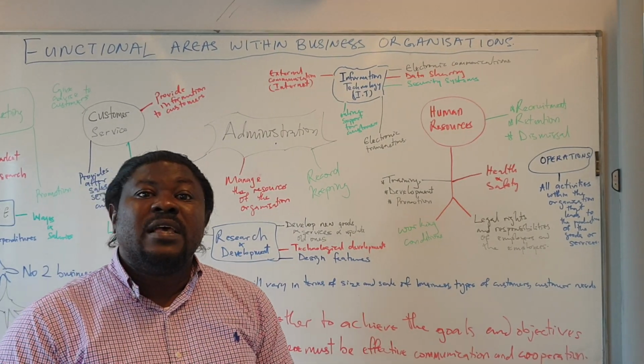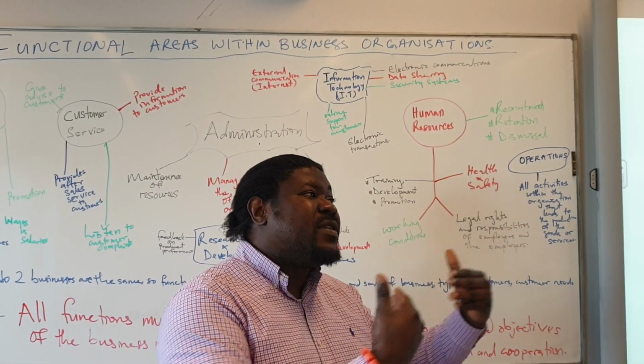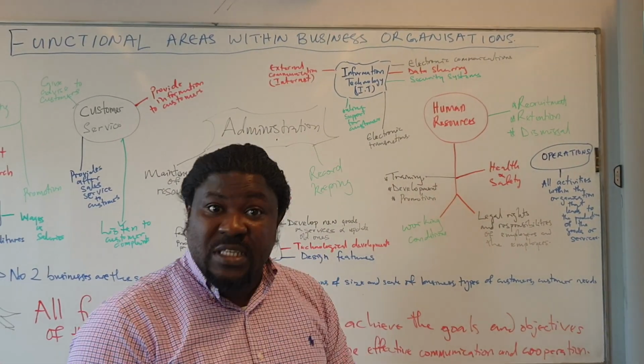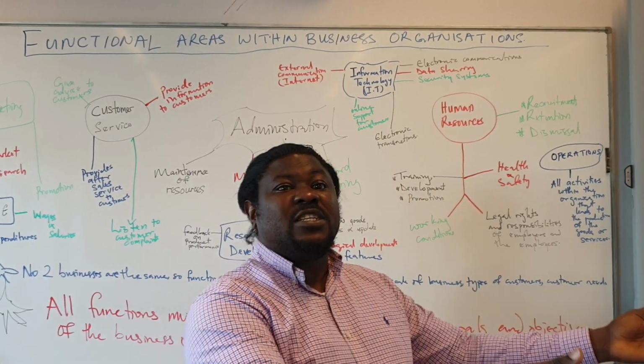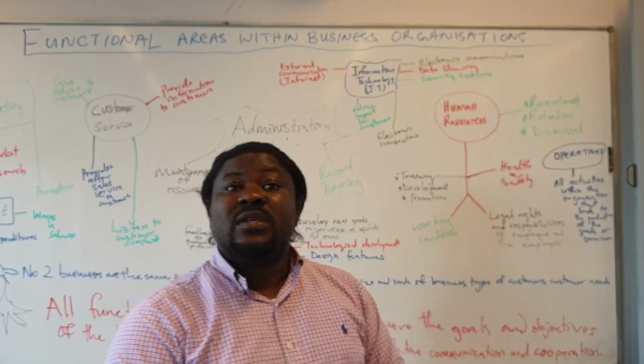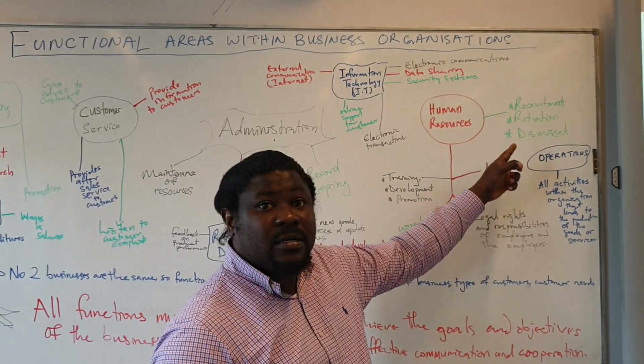How do they do that? They do that, of course, by advertising the vacant position, and then when the advertisement is done, there is a selection procedure and new staff are recruited.